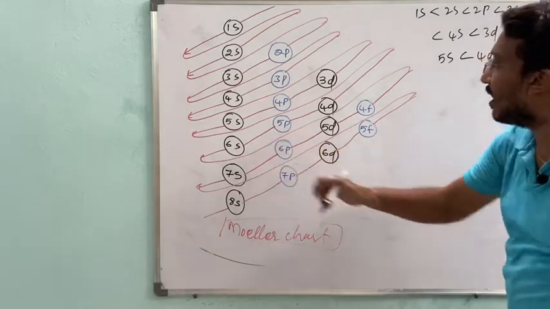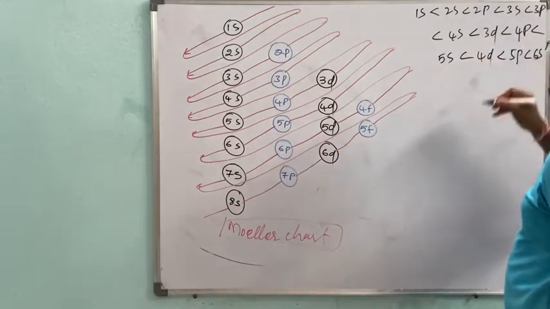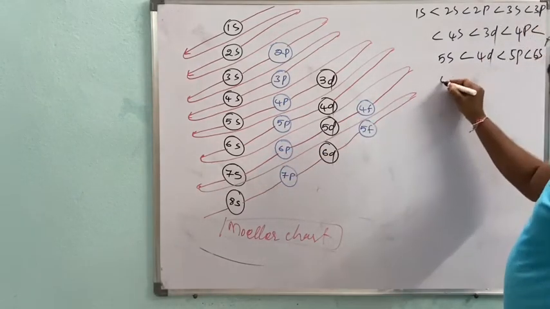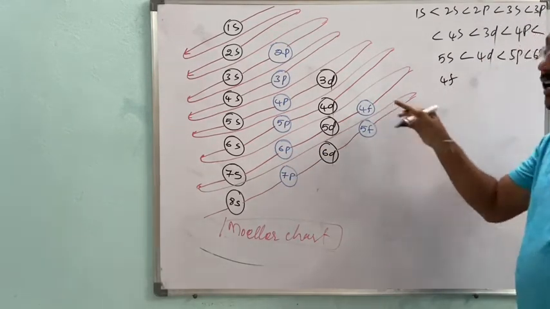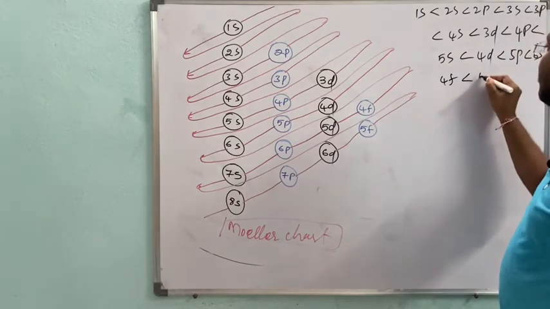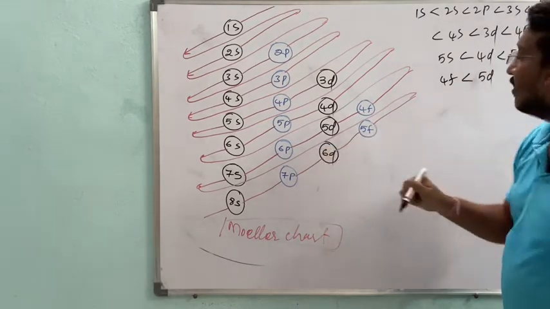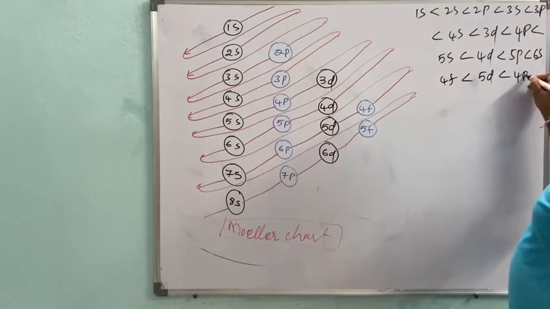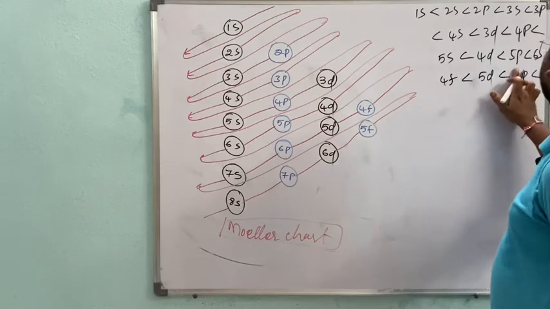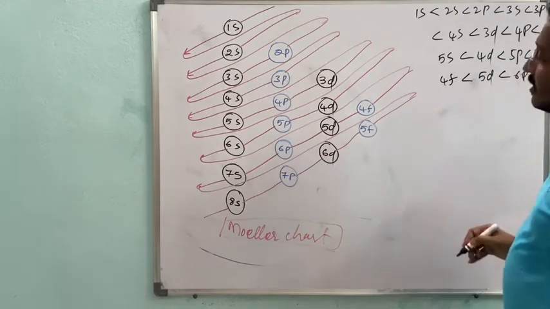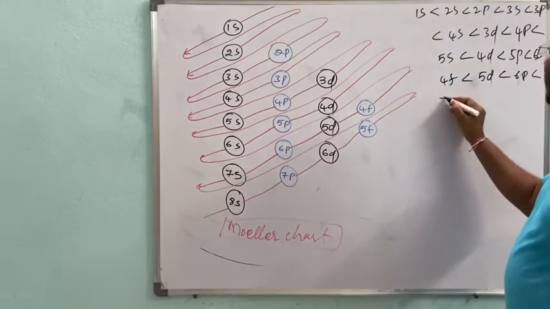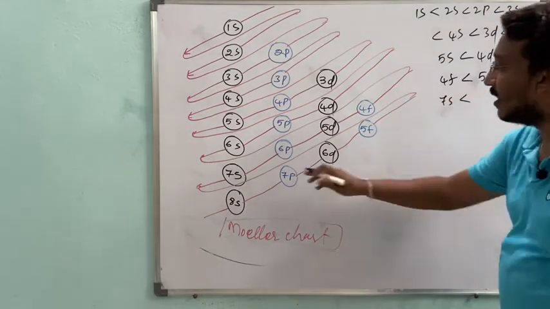Comparing 4d with 5p, 5p has the greater energy. Comparing 5p and 6s, 6s is greater, right? Comparing 6s and 4f, 4f has higher energy. Comparing 4f and 5d, 5d is greater. Then 6p, sorry, 5d and then 6p. 6p is greater. Comparing 6p and 7s, 7s is greater, right?